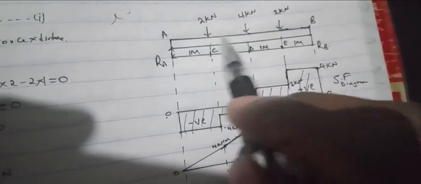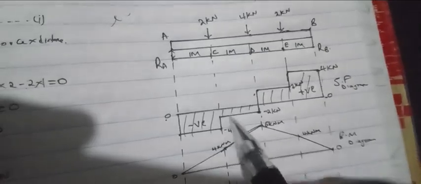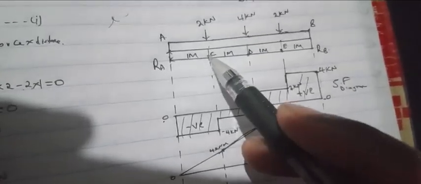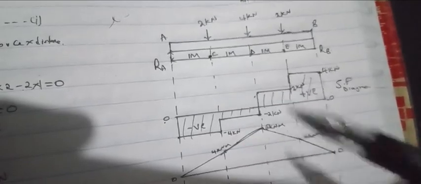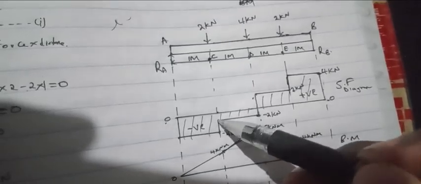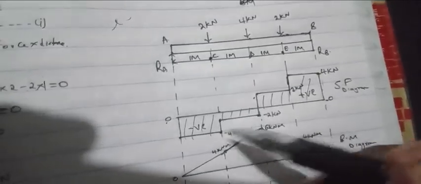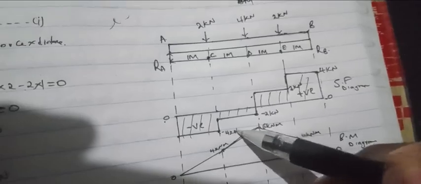Then from this point to this, we don't have any force, so it is a straight line. Then the shear force at point C was negative 4. So we count from negative 2, then another negative 2, it will become negative 4 kilonewton.